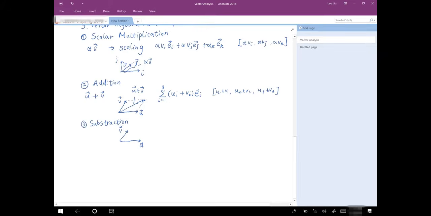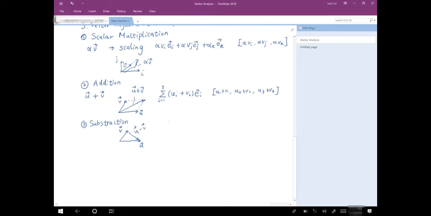Yeah, from the end point of V to the end point of U. So this is U minus V, right? So you can define it in the same way.